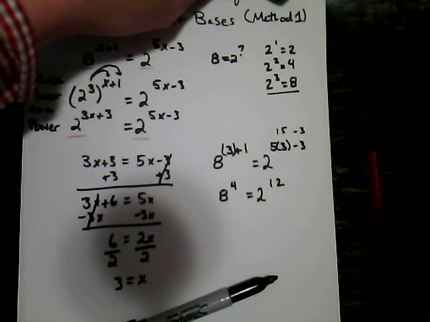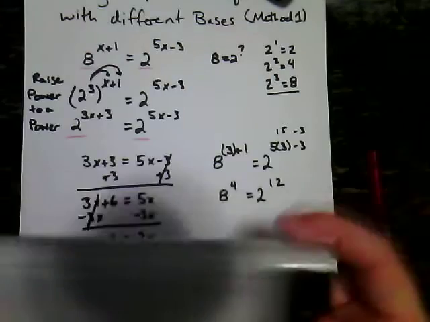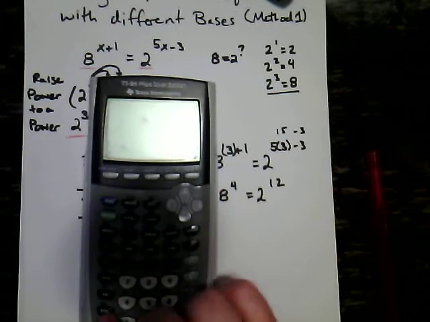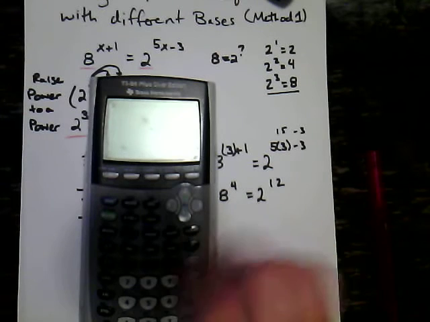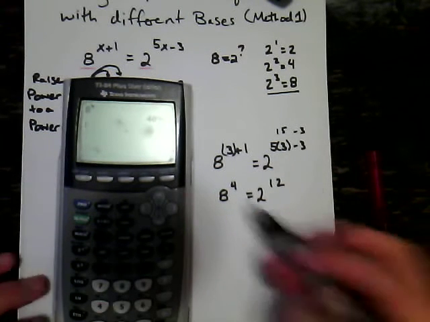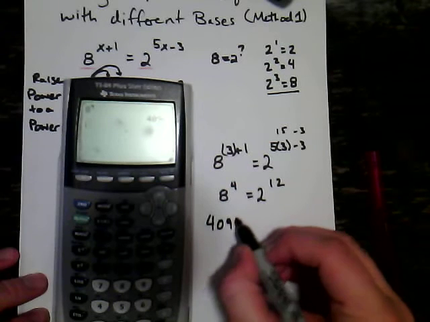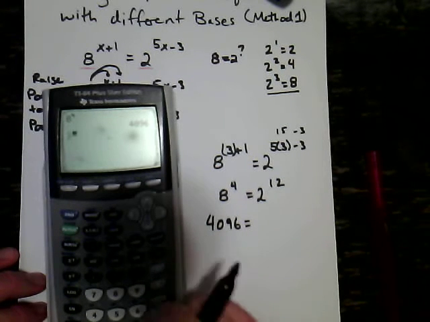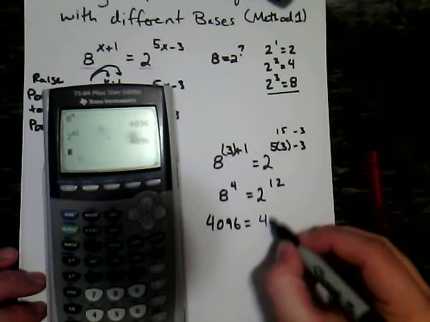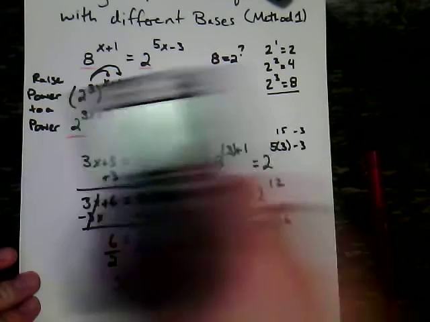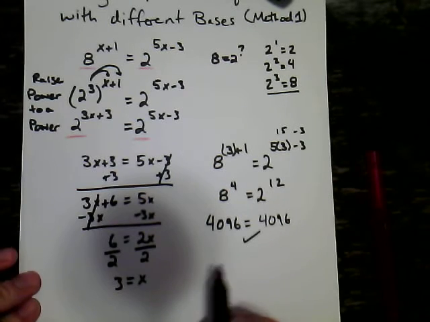We don't need to have all those memorized. So 8 raised to the 4th is 4,096, and 2 raised to the 12th equals 4,096. And so that checks out. So we worked this one out correctly.